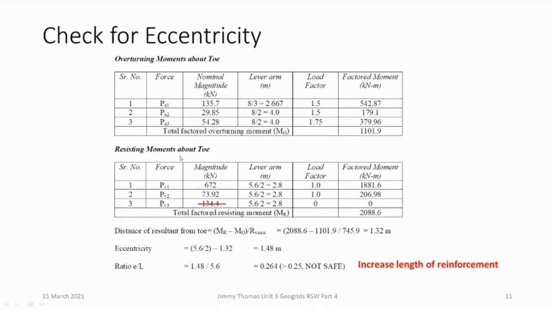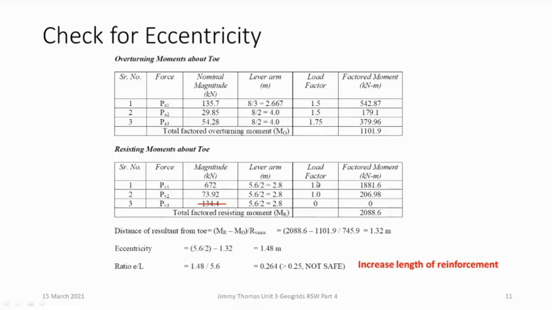Then we calculate the resisting moment. This is due to the weight of soil, which we had calculated. The lever arm will be the length of reinforcement by 2, so 5.6 by 2 is 2.8. Here we take a load factor of 1, because we want the minimum possible vertical force.